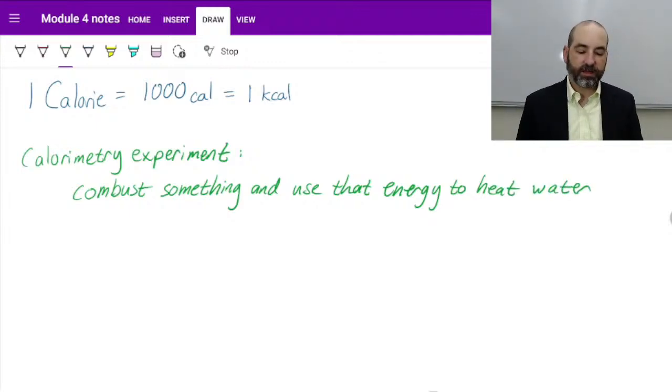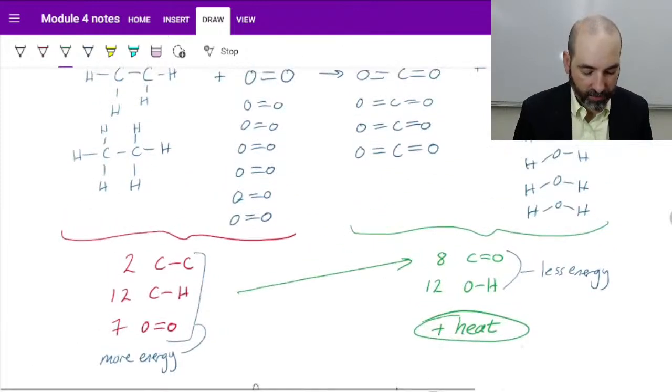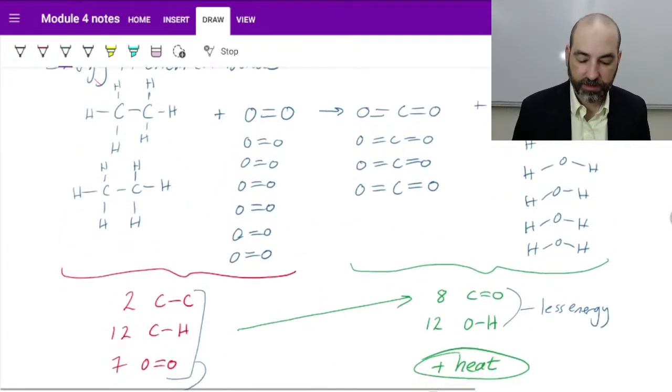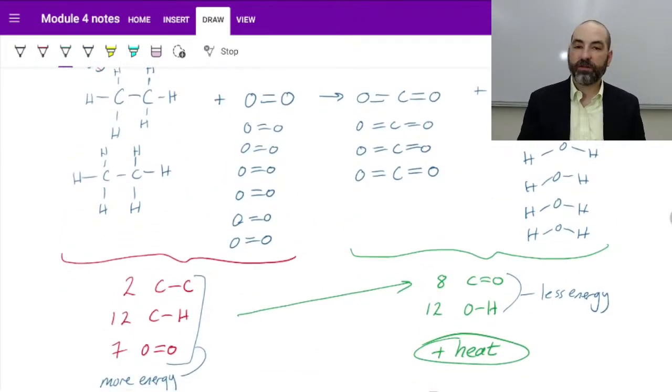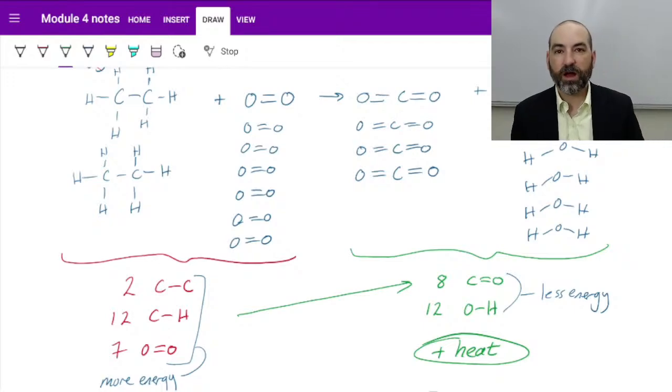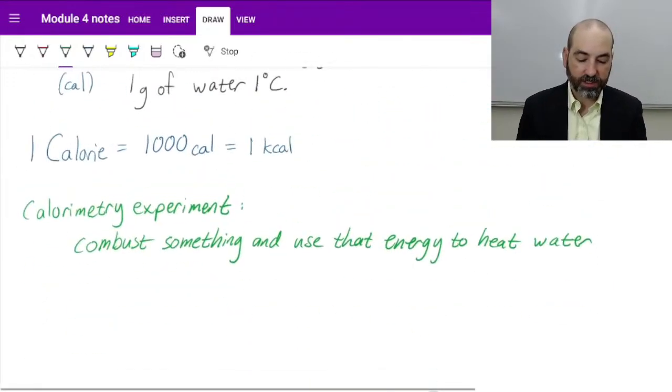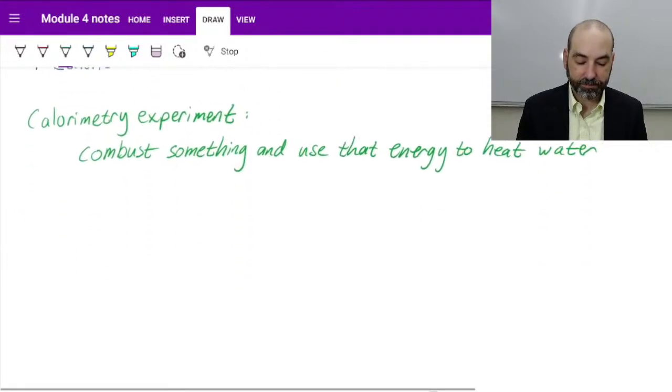So in our example earlier, if we wanted to know how much heat came out from doing this reaction, we could take a known amount of ethane that we measured. It's a gas, so it would be a little tricky, but we could do it. We burn it, we get all that heat to go into some water, and then we figure out what the change in temperature of the water is, and then we just have to multiply.